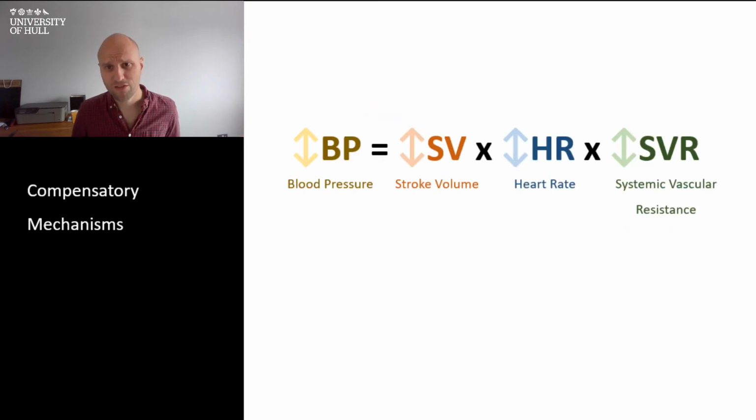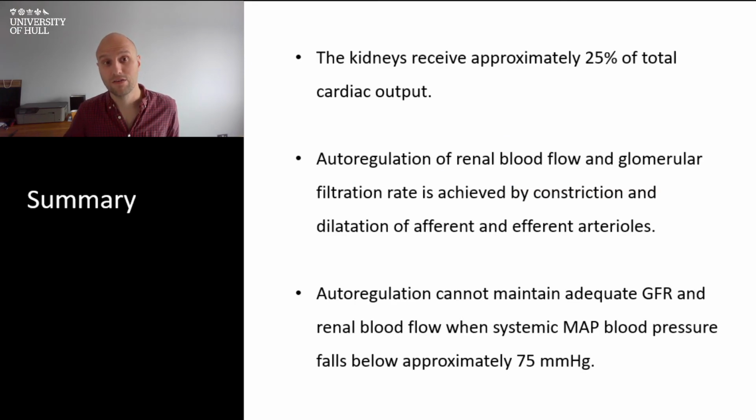Any changes that we can make to contractility and preload, which make up the stroke volume, or making the heart rate go faster, or vasoconstricting the vessels within the systemic circulation, will hopefully improve that blood pressure and then maintain the flow of blood and filtrate within the nephron. And it's at that point that we'll move on to the renin-angiotensin aldosterone system in forthcoming tutorials.